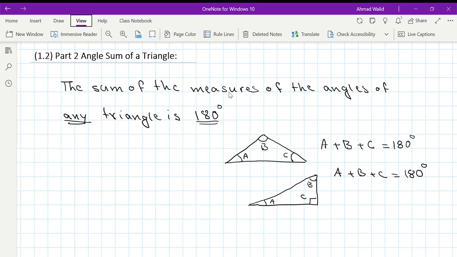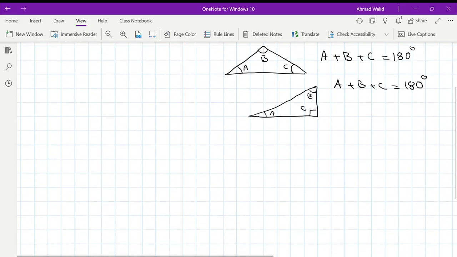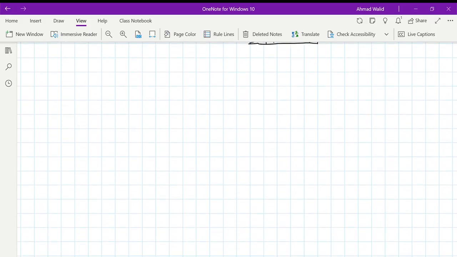The problems that we are dealing with in this part are really easy. I'll do an example for you. Example: they give you a triangle like this, and they're asking you to find the measures of the angles, correct?